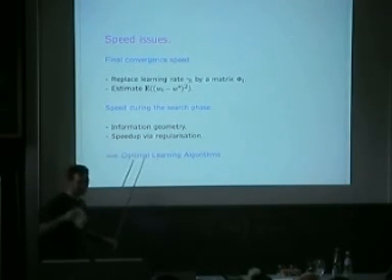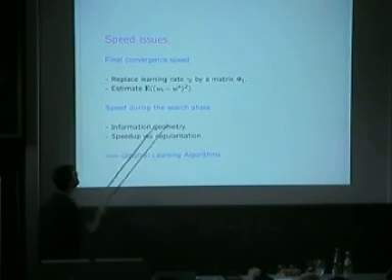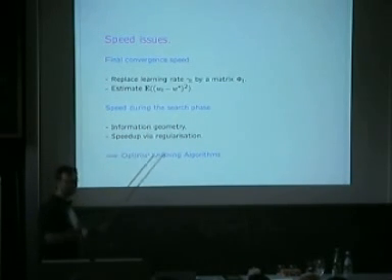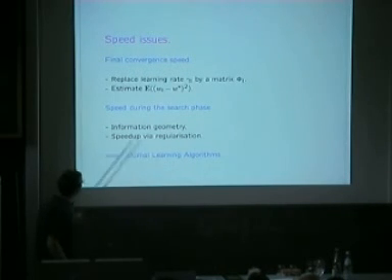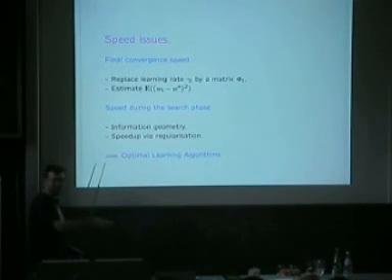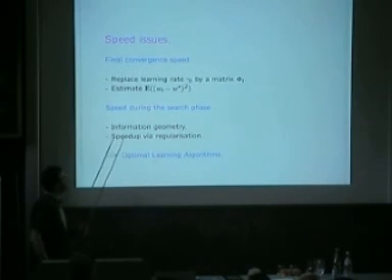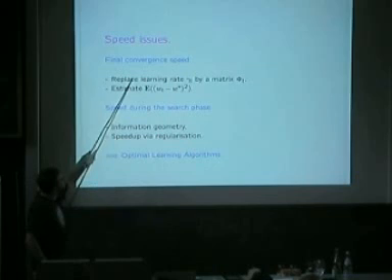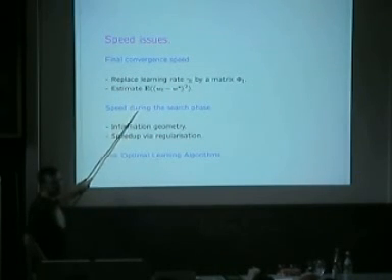Not certain, but I have a good chance to stay here, and I can estimate WT minus W star squared, and we can try to make some derivations. And there is also the speed during the search phase, you know, when I try to find the good pattern and so on. And in terms of speed time, this appears as a constant. This is the asymptotics, but in practice, the constant is what matters.